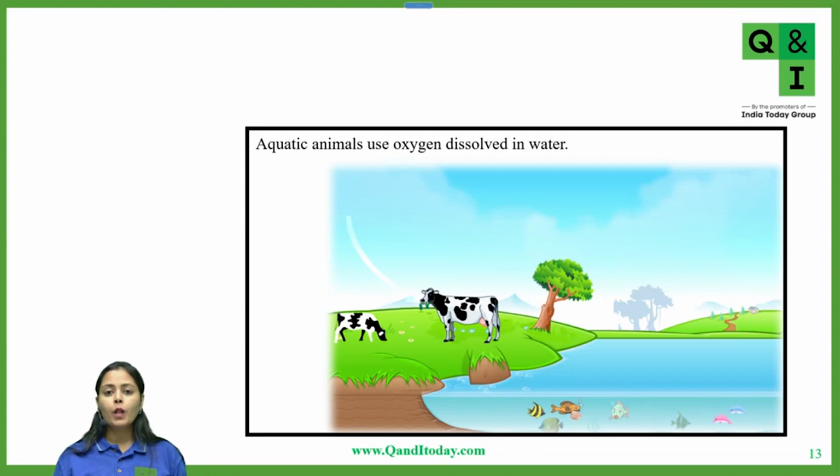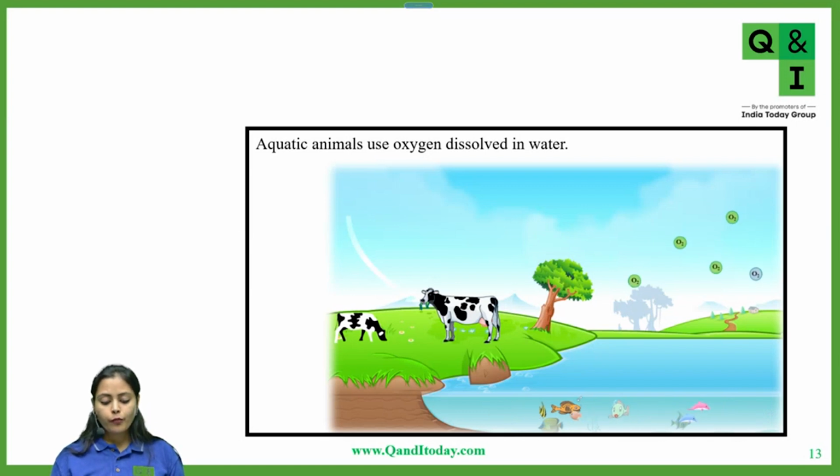Oxygen is present in air. If you are not in air, how will you take up the oxygen? The answer is that oxygen is also present in dissolved form in water. So aquatic animals have to rely on the dissolved oxygen present in the water.